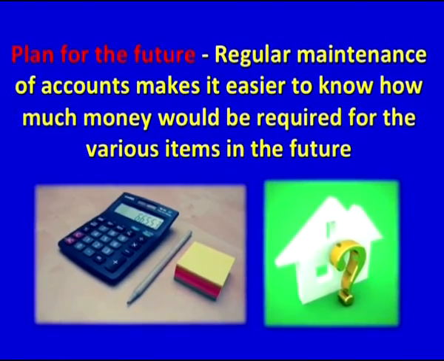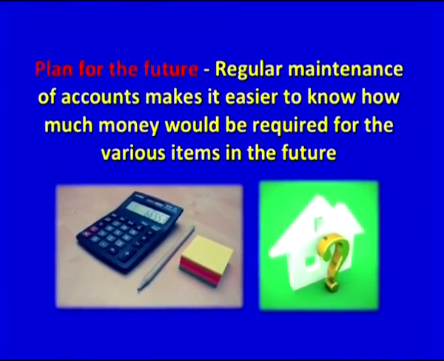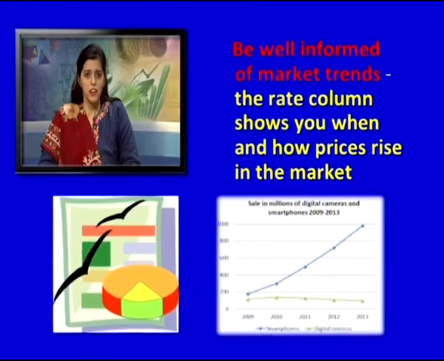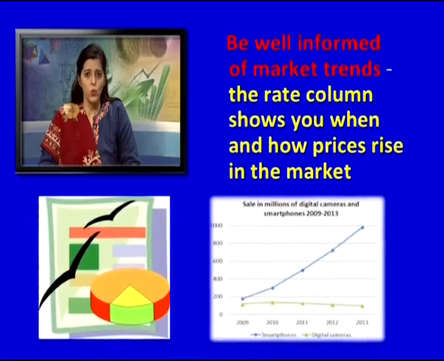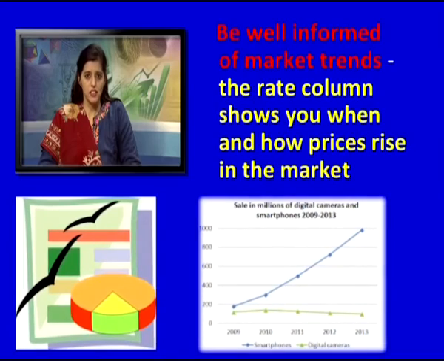We need to plan for the future. Regular maintenance of accounts makes it easier to know how much money would be required for the various items in the future. Be well informed of market trends. The rate column shows you when and how prices rise in the market.